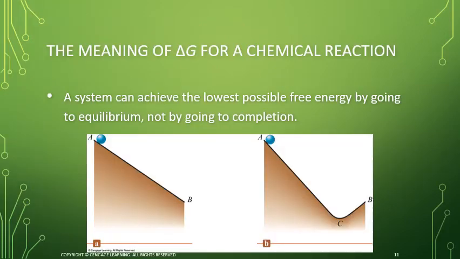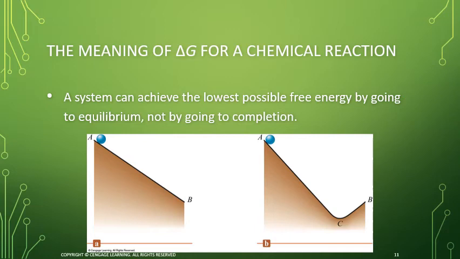So now we're going to transition over to the relationship of free energy to the equilibrium. More than likely, this is going to be the most frequently used relationship between free energy and any of the other components. So make sure that you are comfortable with this.